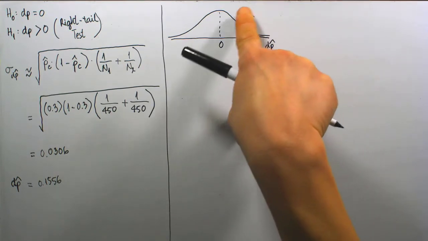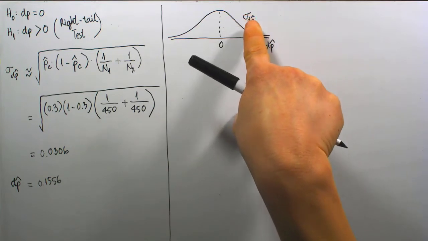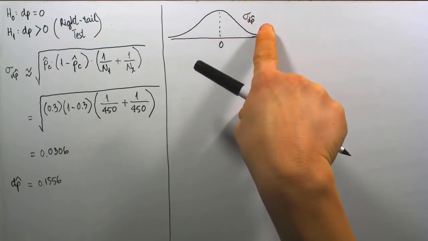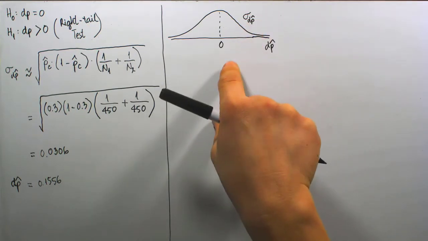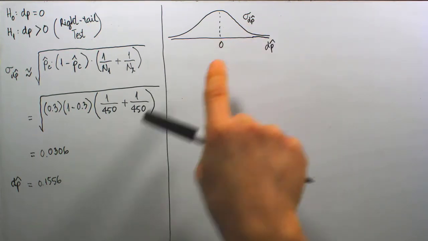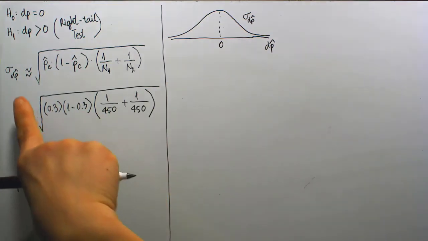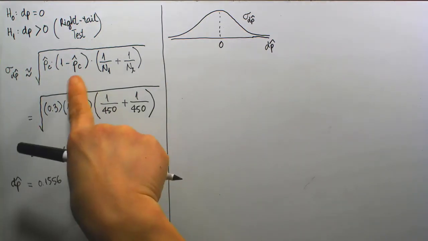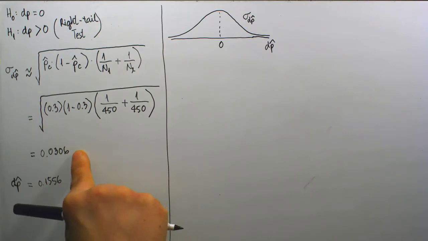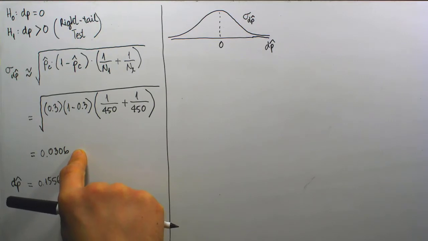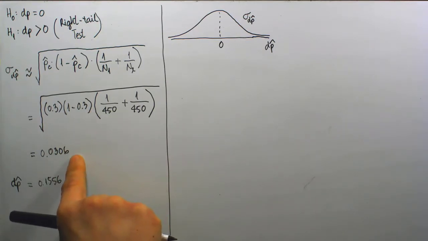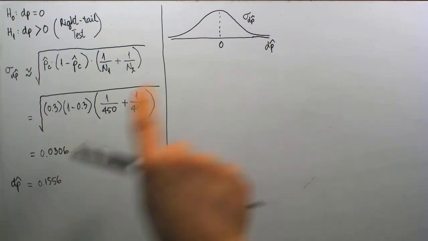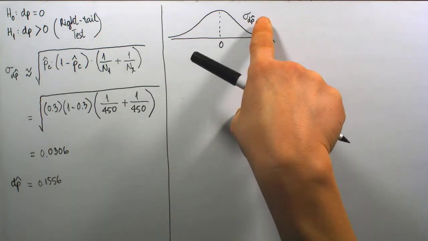However, calculating the true value for sigma dp hat is very challenging work, which requires a lot of advanced understanding. And so for our class here at this level, we only rely on this calculation that we have done earlier as the approximate, and it works good enough that many generations of statisticians have been using it. So we use this calculation, which gave us this value here, 0.0306, as a good enough approximate to sigma dp hat.